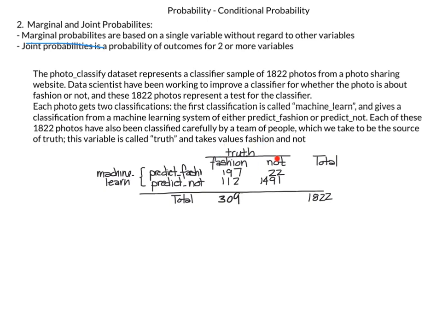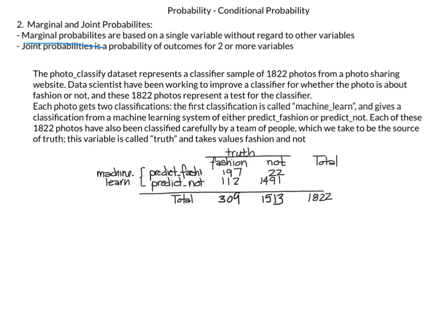When we want to know how many photos the experts said were not about fashion, we add the 22 to 1,491 to get 1,513 photos. And again, if you add the 309 to the 1,513, you should get our total number of photos. So in this way, we have marginal counts that later we can use to figure out our marginal probabilities about this one variable, what our experts said, the truth.